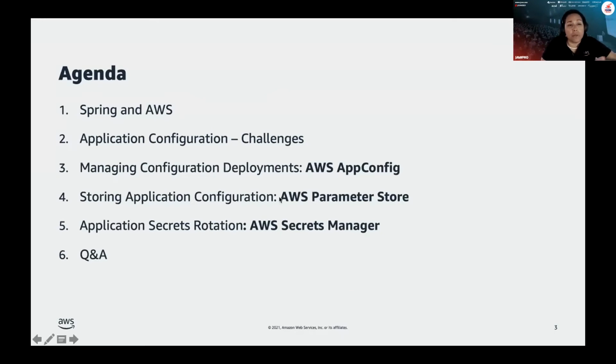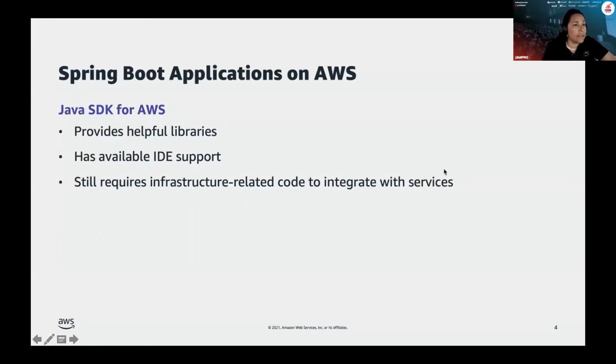This is not going to be a comprehensive deep dive of all these services and their features. In this talk, I mainly aim to give you an idea of when to use each of the services, how they differ from one another, and how you can use them within your Java and Spring applications. So, let's get started.